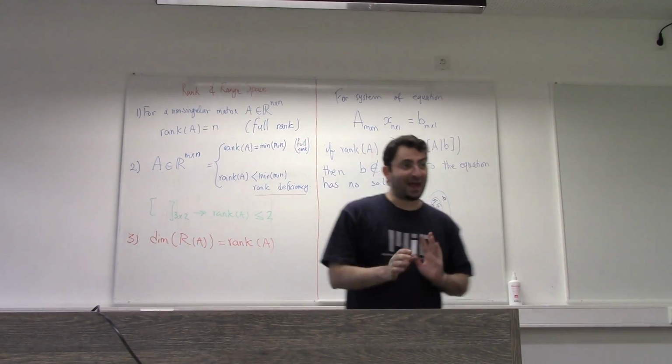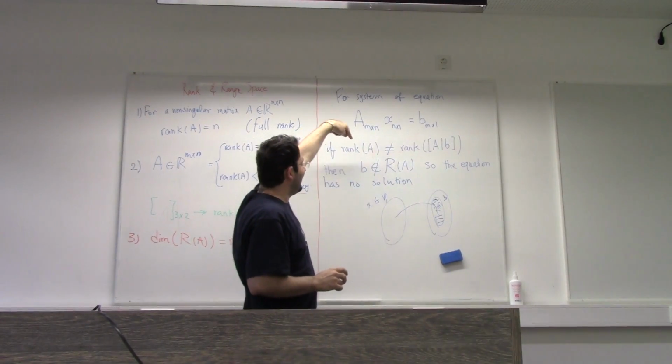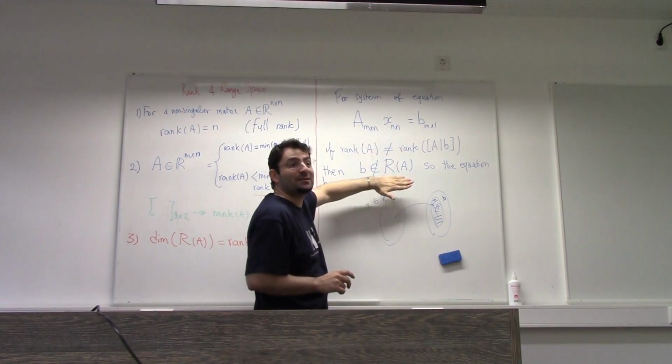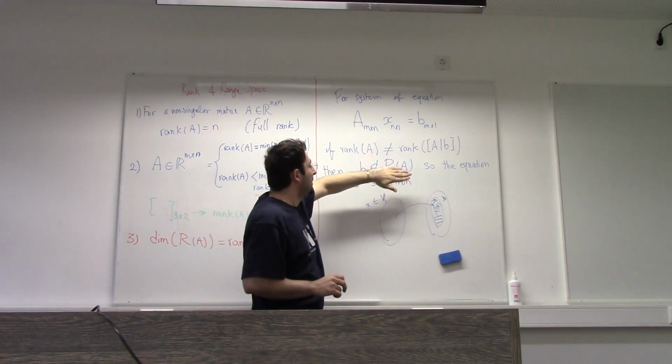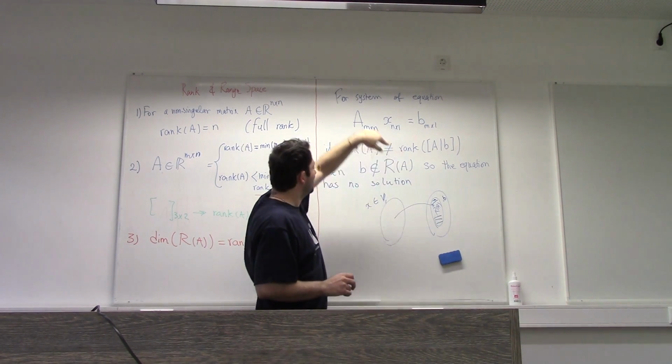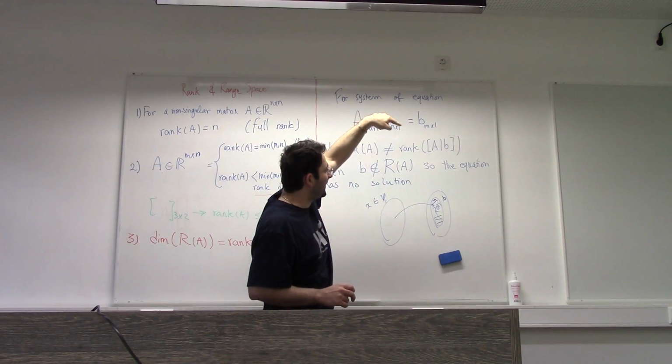So we understand that if B belongs to RA, then we have a solution, right? So in order for B to belong to RA, this rank should be equal to this rank.